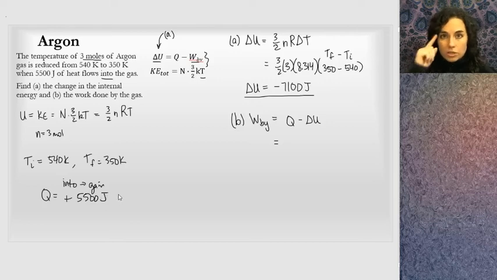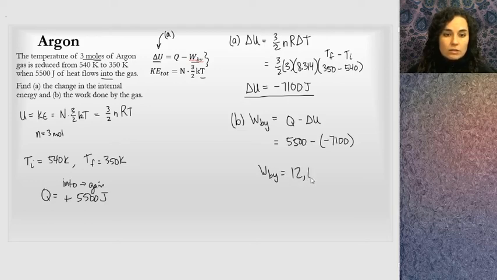Always think about your sign of the heat coming in or out, or the work being done, whether it's positive or negative, because you can see if you have the wrong sign, you're going to get the wrong answer here. So this is a plus 5,500 minus negative 7,100. So we have minus and negative, so these two will add together in the end, and this is 12,600 joules, or 12.6 kilojoules. And that is the answer.